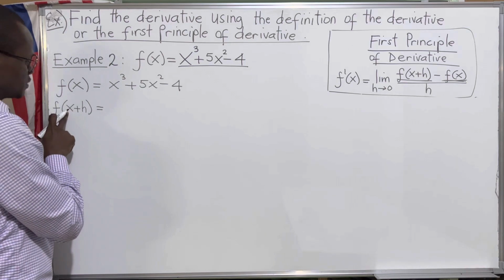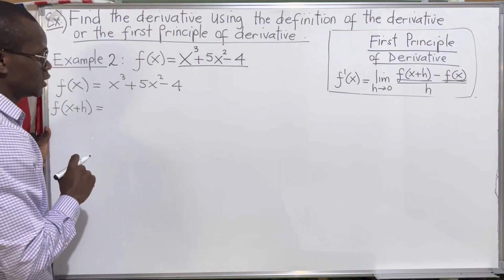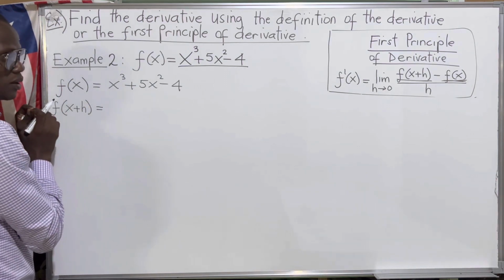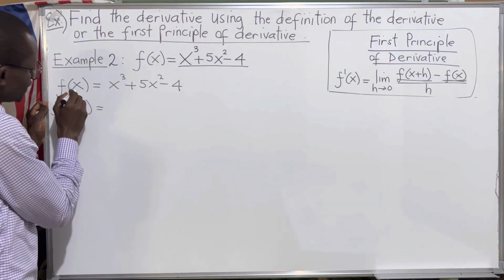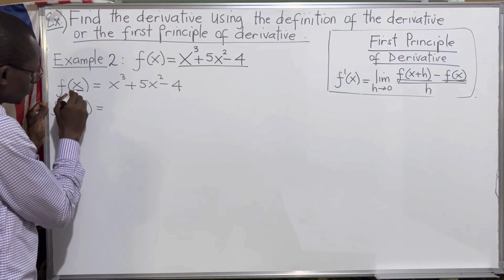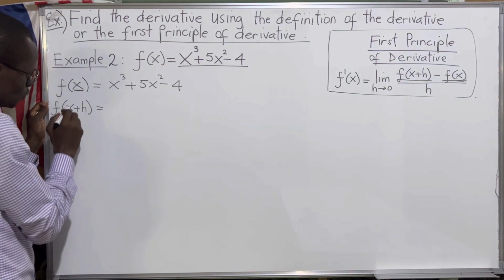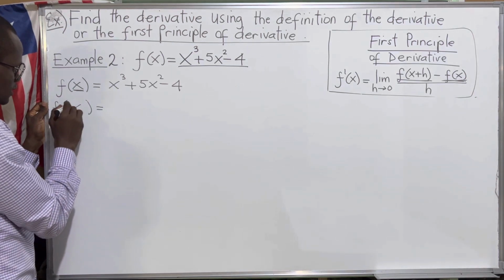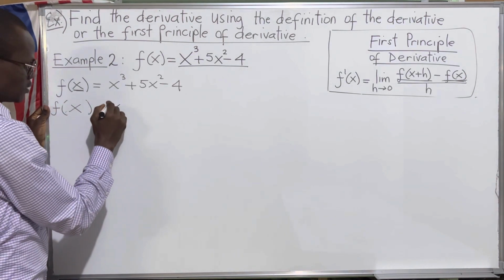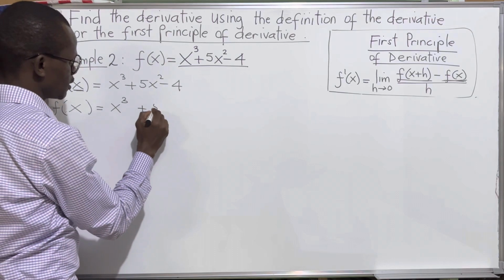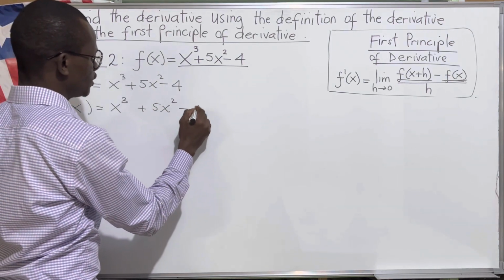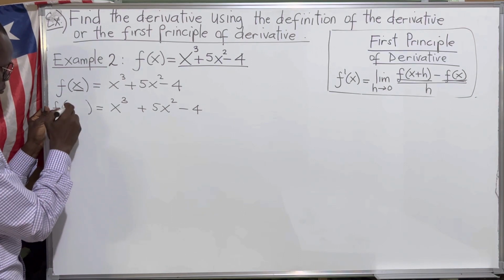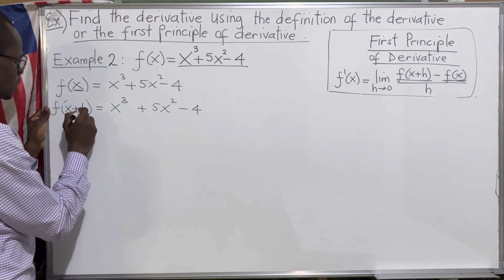So your f of x plus h can be obtained from the given function. And how do we go about doing that? Just replace this x with x plus h. So anywhere we see this x, like you see x cubed plus 5x squared minus 4, where we see this x, we erase it and put x plus h.